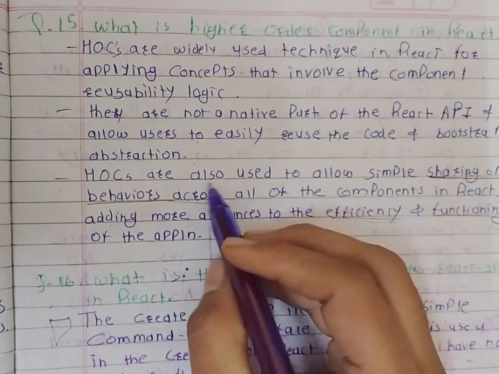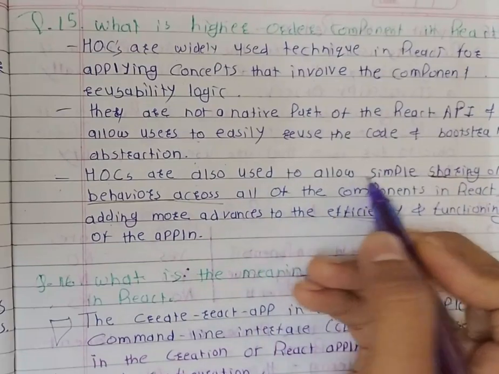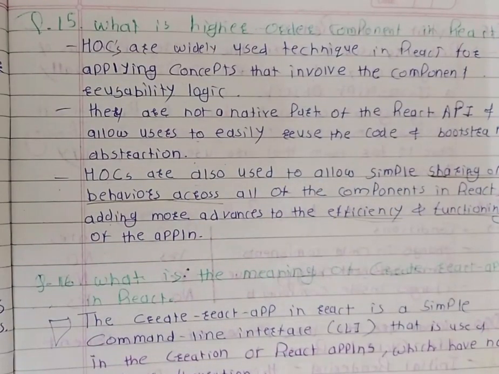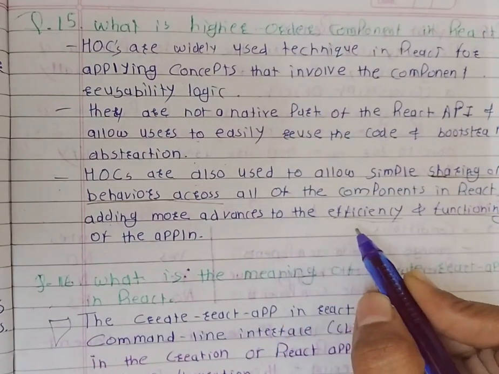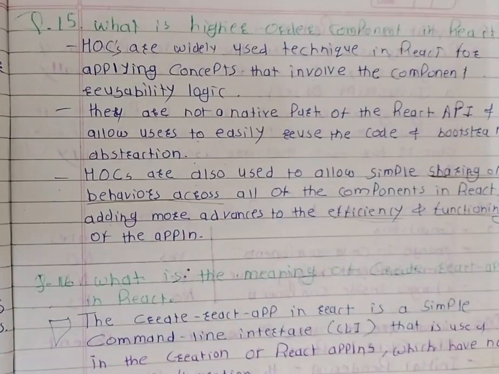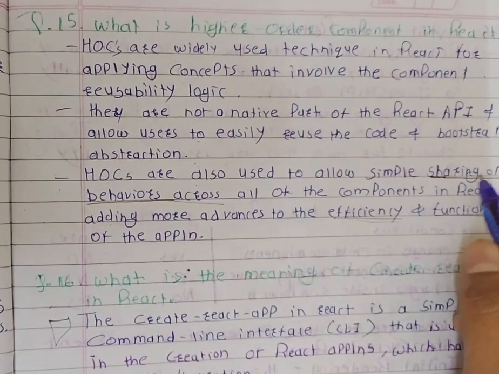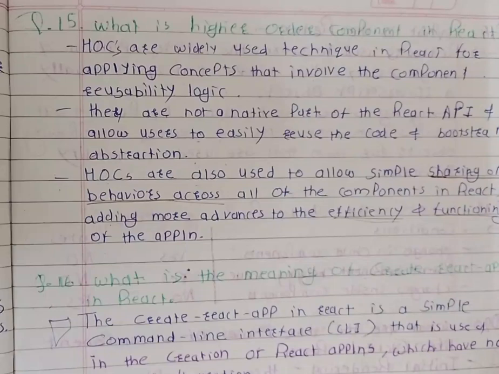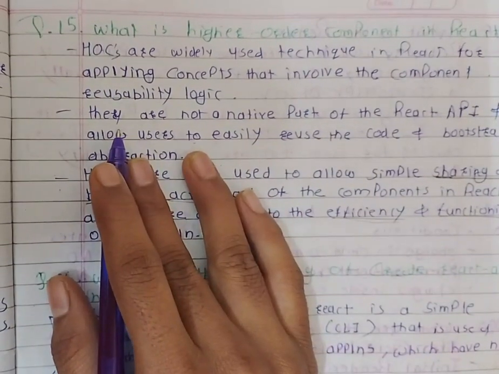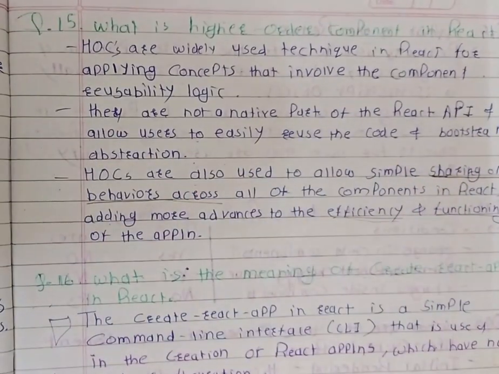And then higher order components are also used to allow simple sharing of behaviors across all the components in React, adding more advancement to the efficiency and functionality of the application. So basically it simply means higher order components are components which may take another function as a parameter, or which may return another component as a result.